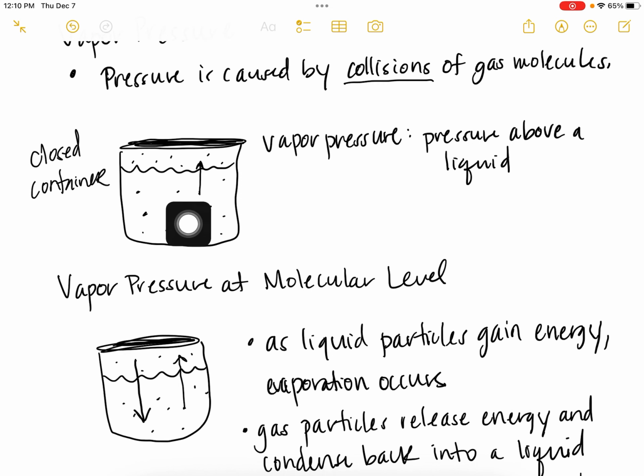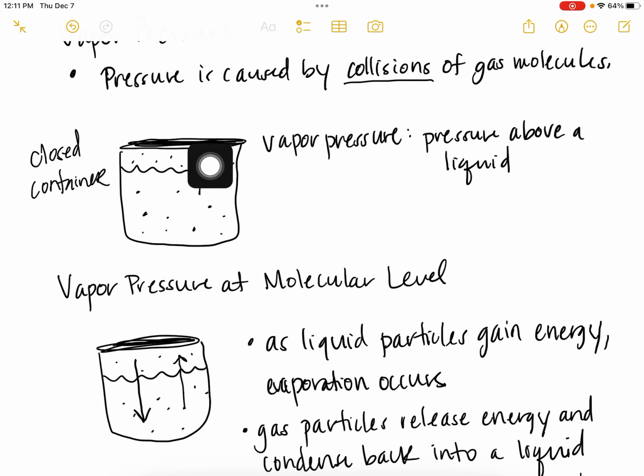Okay, so again, we'll do it both ways. If I have a liquid that has very strong intermolecular forces, that means evaporation is not going to occur very quickly, and it's not going to give you a lot of gas particles. So strong or high intermolecular forces is going to give you a small amount of gas particles up here, small collisions, low pressure.